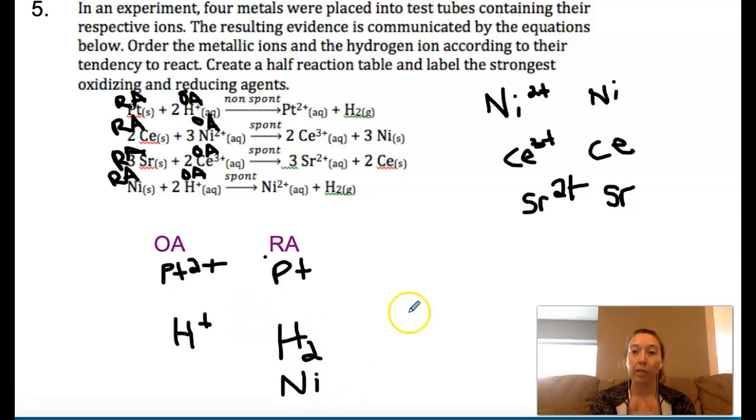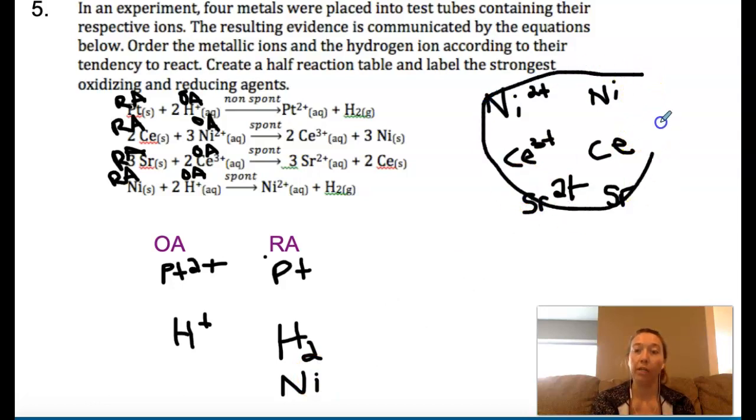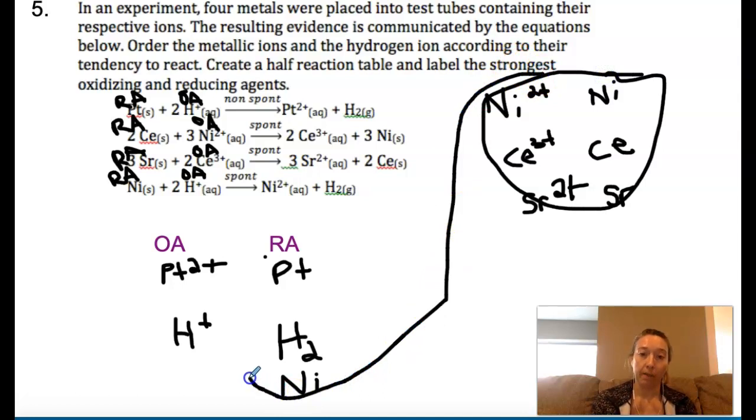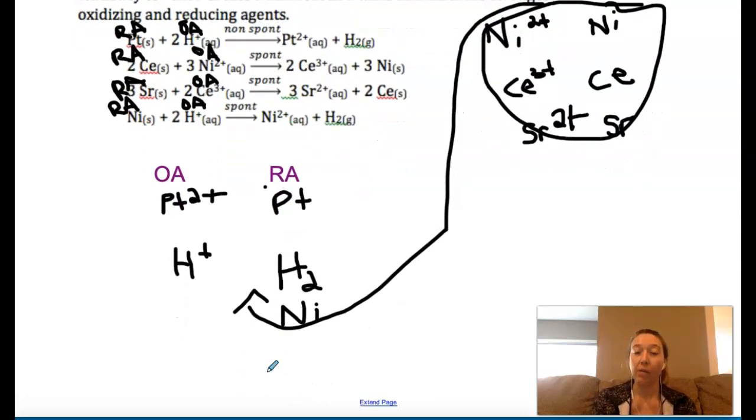So now when I look at this, I should start to see that this whole part here is basically going to come in down here, right? Because if I know that platinum is higher than hydrogen, and now I know that hydrogen is higher than nickel, and I've already established that nickel is above the cesium and above the strontium, I now know how all of this has to go together.